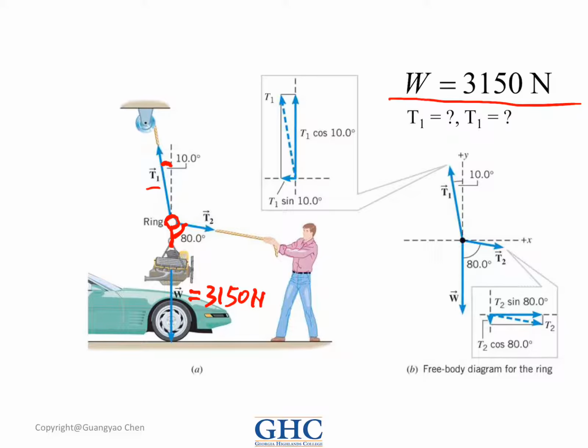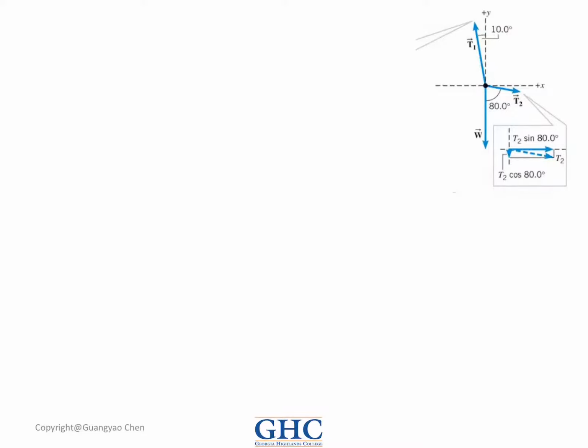So always, first of all, we need to draw the free body diagram on the ring. Now, of course, this is an equilibrium problem, which says the ring is doing constant velocity motion. So we have the ring we're interested in.